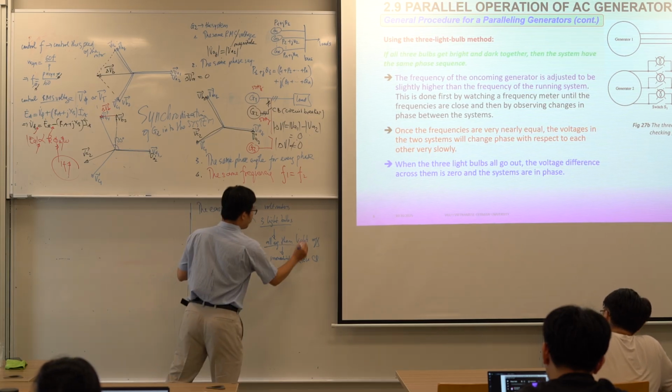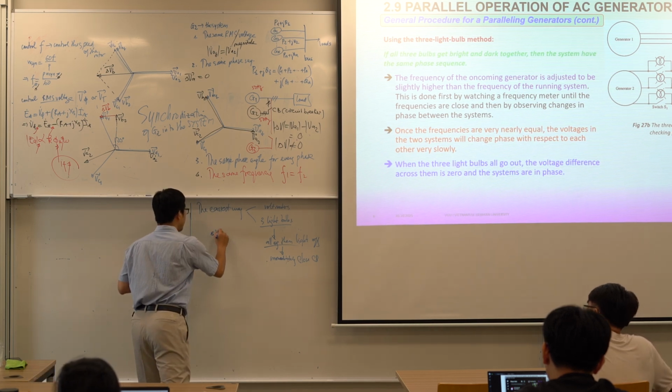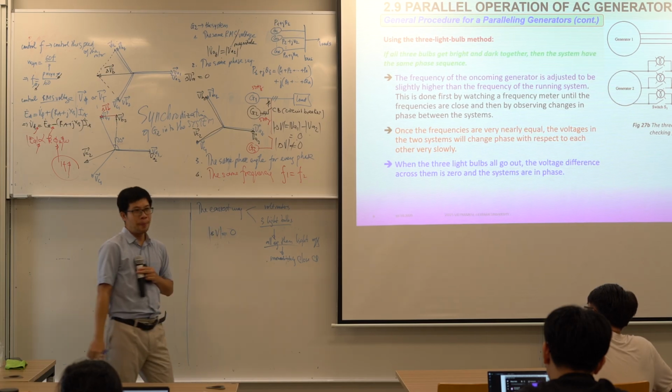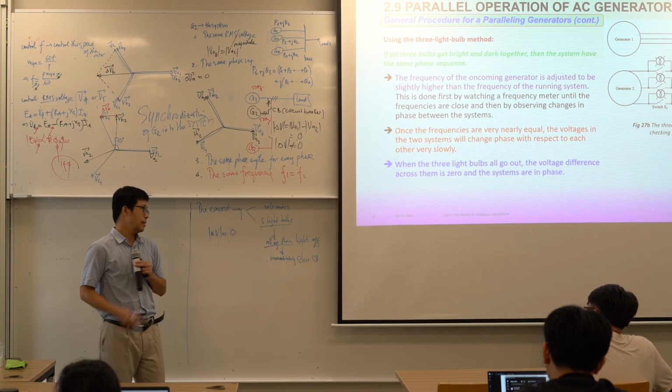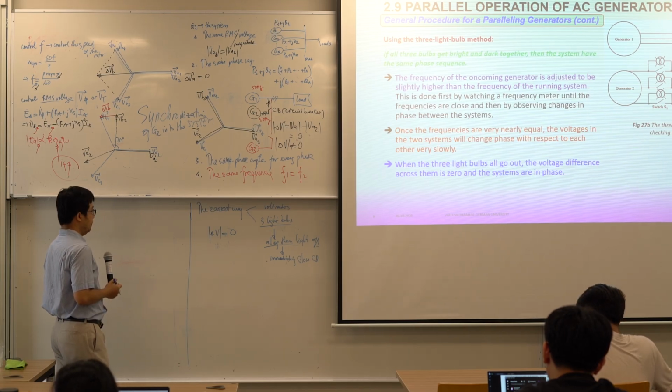Why? When all of them turn off, we can close because delta V is definitely 0.